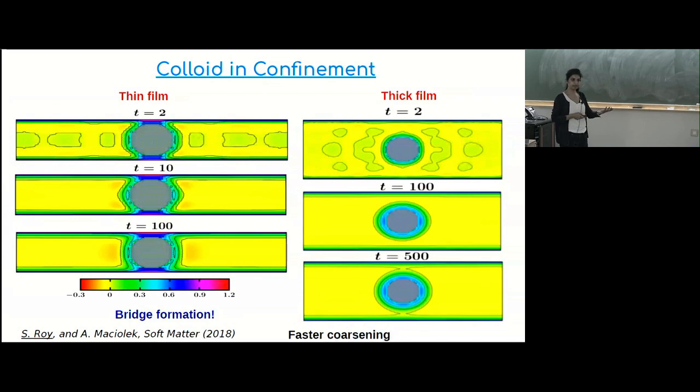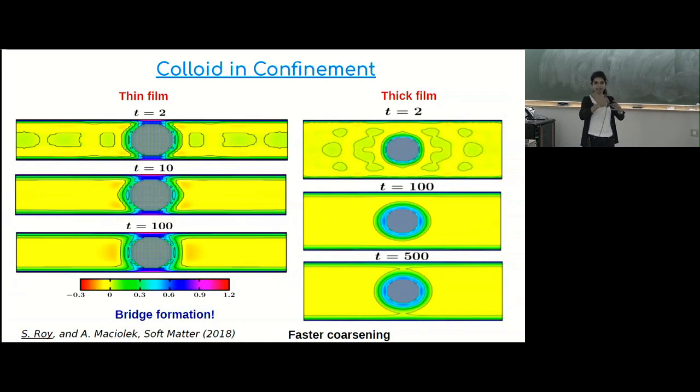Whereas if you take a thick film, the qualitative non-equilibrium dynamics is the same, the formation of these structures and all, but you don't see the formation of any kind of liquid bridge. And why is this important? Because imagine if I take one more colloidal particle and put it here, because of the presence of this liquid bridge, the second particle will try to go to the first one just because of capillary attraction.